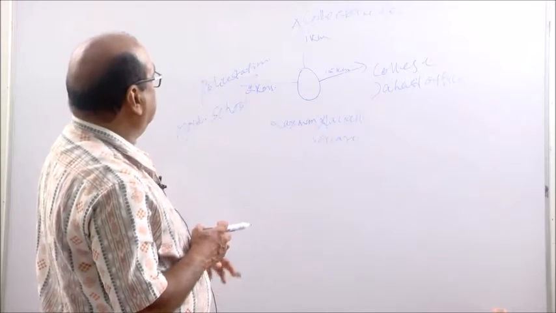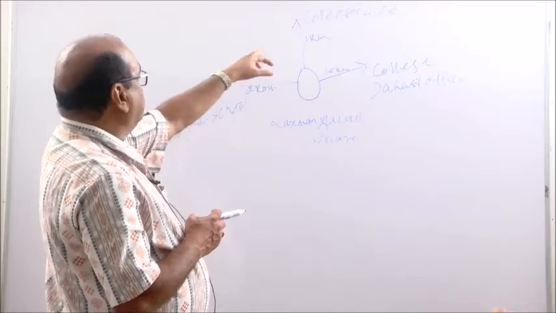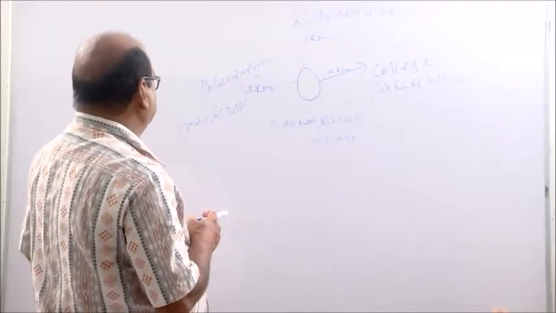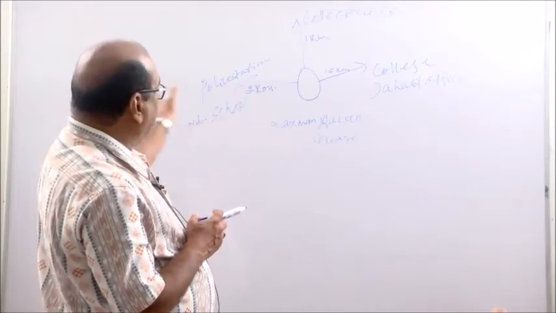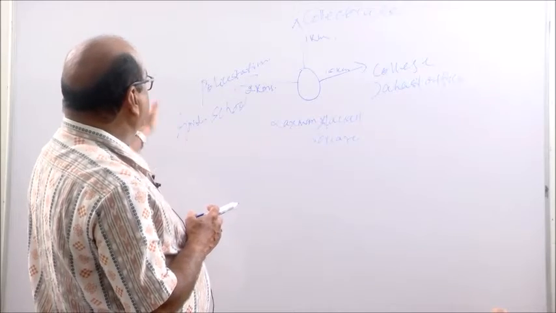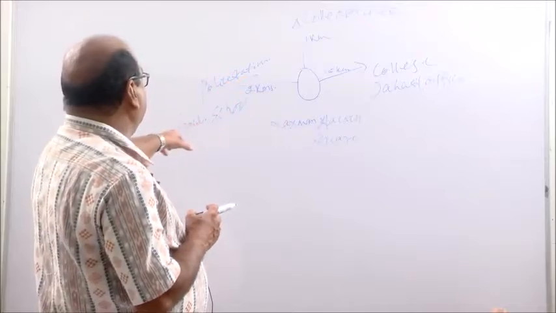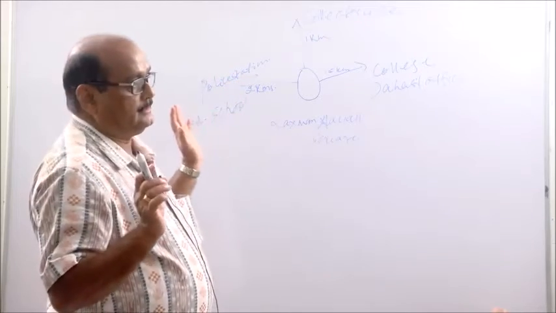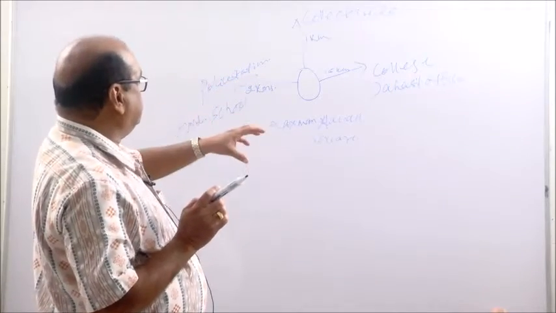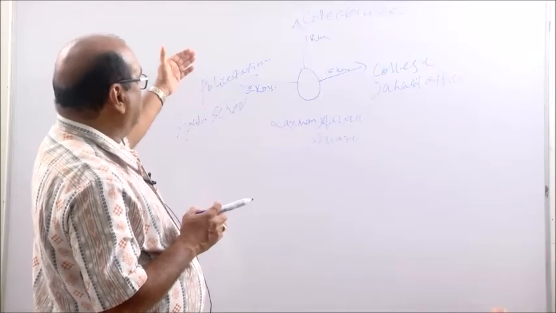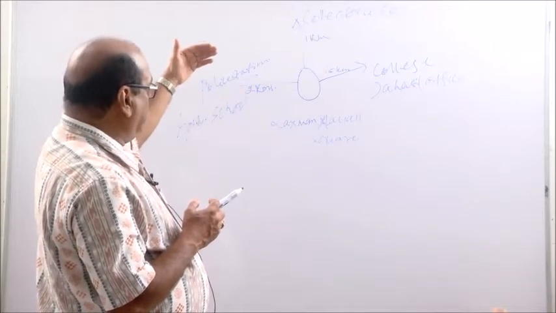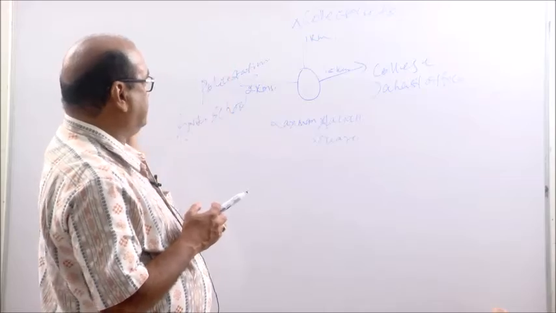In the front, you go 1 kilometer, you will reach the collectorate. On the left, you go 2 kilometers, you will go to the police station and the government school. This is the verbal expression, the expression in words.